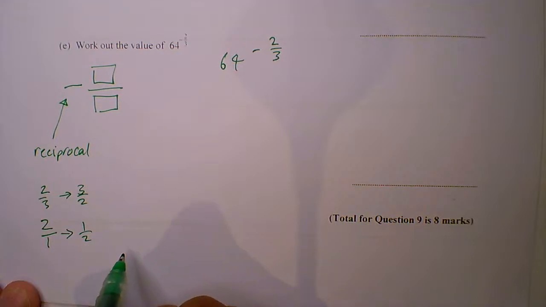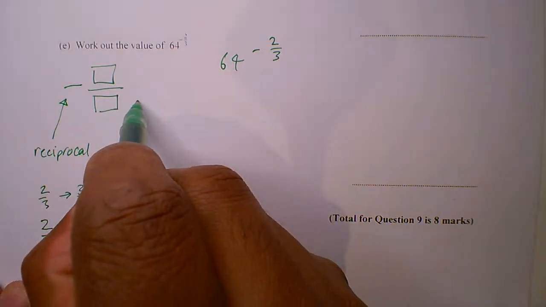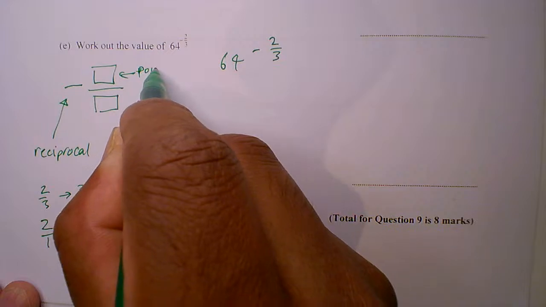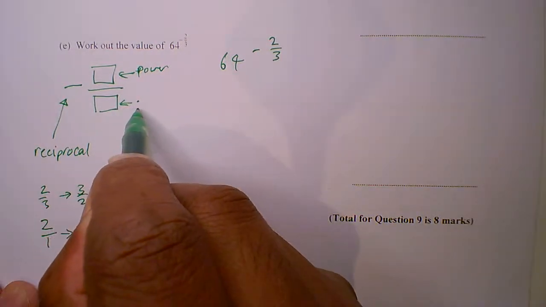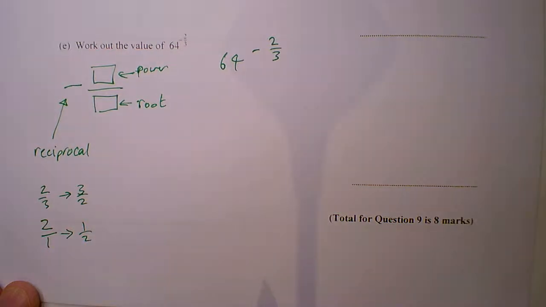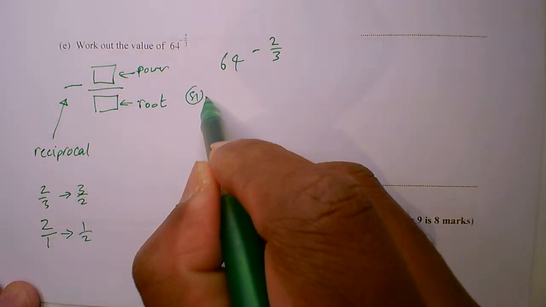So that's the reciprocal. The numerator is the power, and the denominator is the root. So step 1 is the reciprocal.